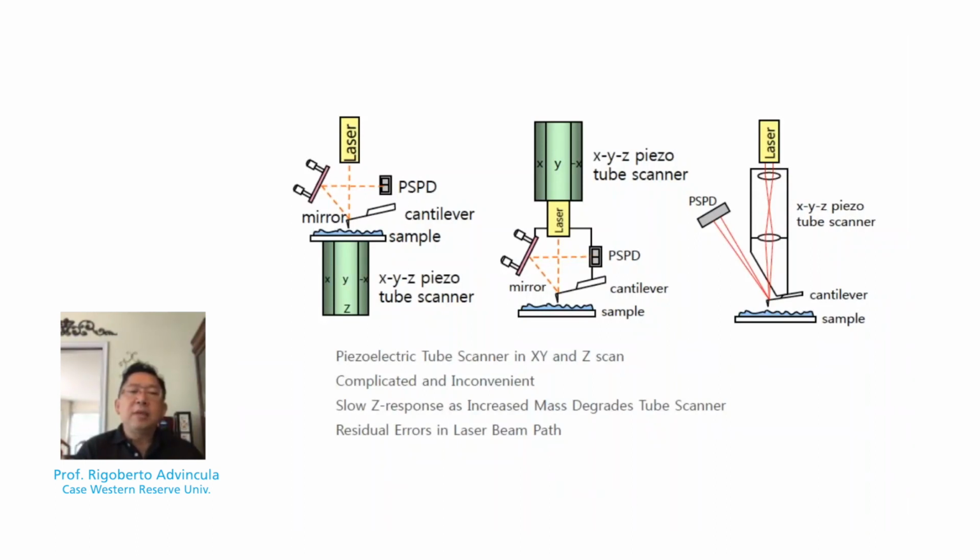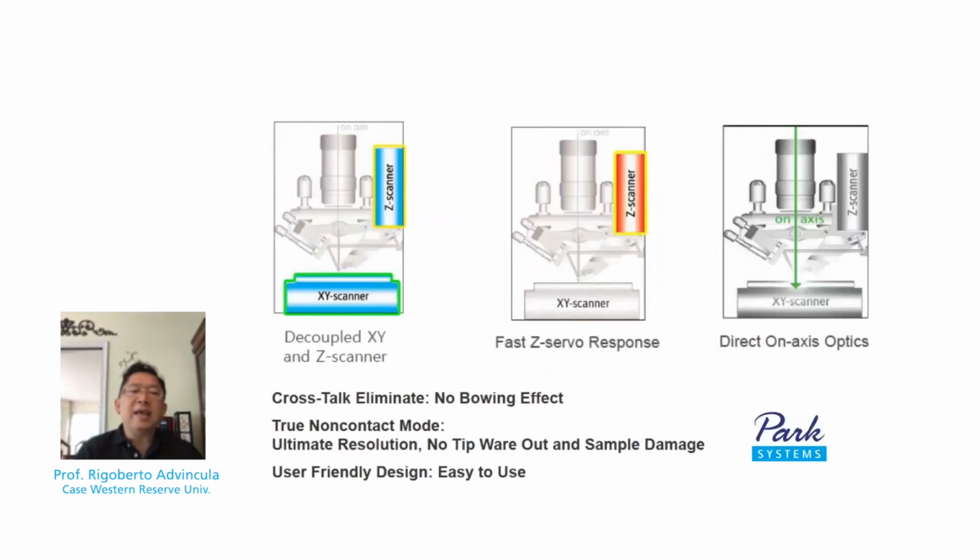Okay, so one of the advantages of a system like the Park AFM system is that one can decouple the XY scanner with the Z scanner. This type of decoupling means you have a faster response, no bowing effect.